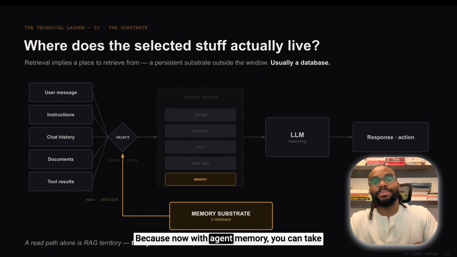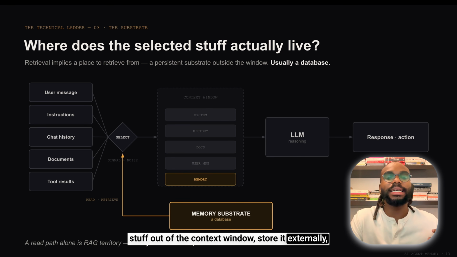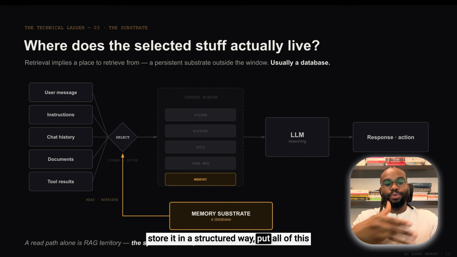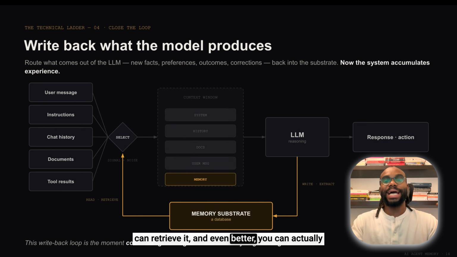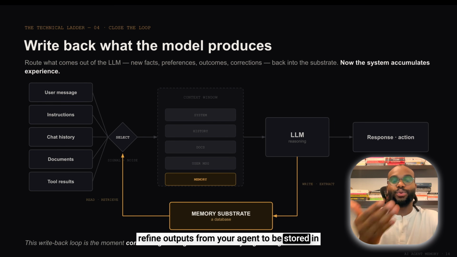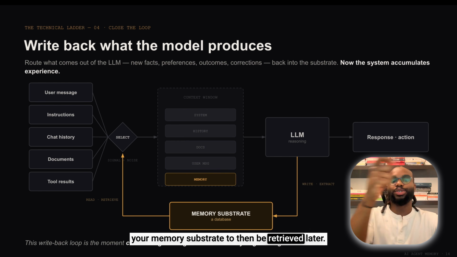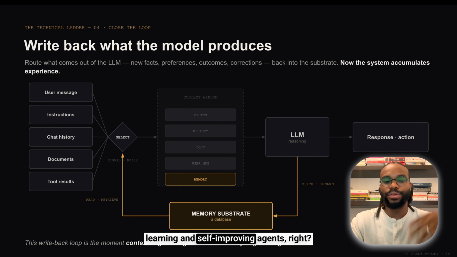Because now with agent memory, you can take stuff out of the context window, store it externally, store it in a structured way, put all of this information in a memory substrate, and then you can retrieve it. And even better, you can actually refine outputs from your agent to be stored in your memory substrate to then be retrieved later. You start going into this realm of continual learning and self-improving agents, right?